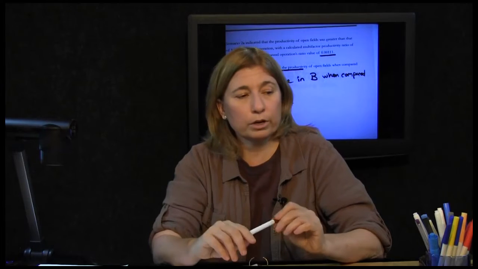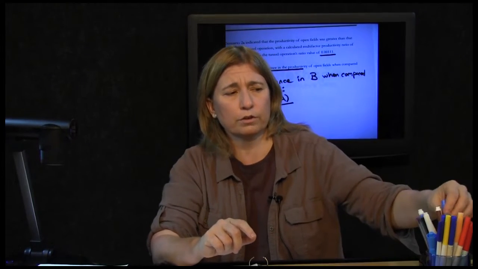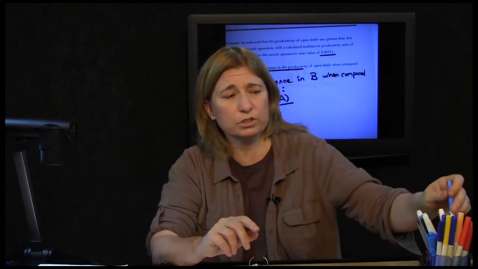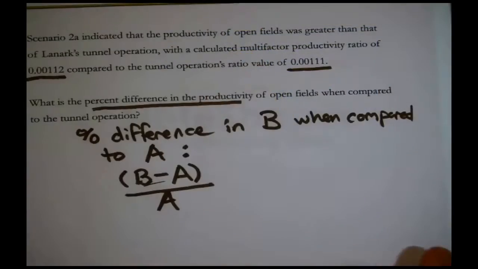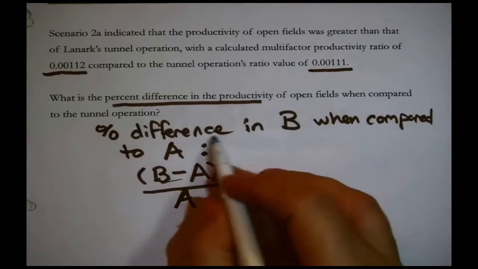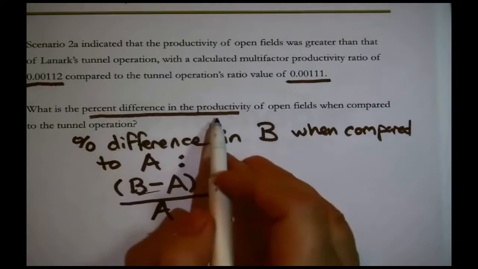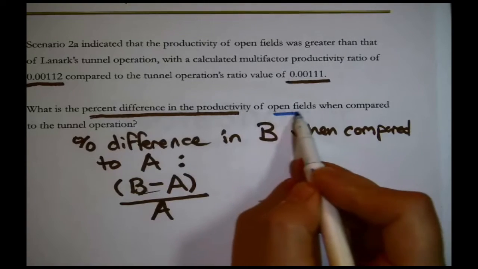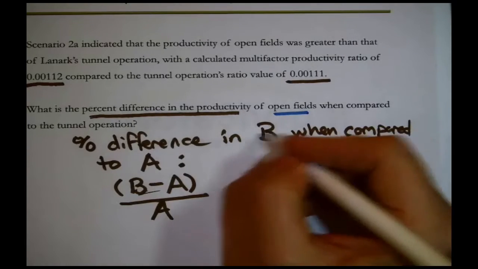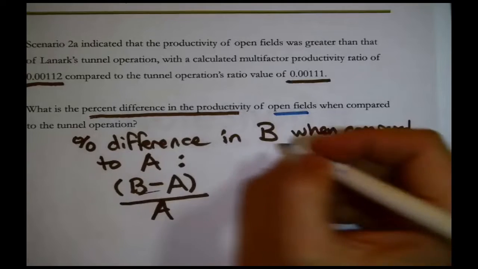Oh, all right, so it won't take us very long to actually work this in the case of Lenark Farms. We just have to clarify to ourselves which is the B and which is the A, and then fill in that expression. So let's see, percent difference in B when compared to A. What is the percent difference in the productivity of open air fields when compared to tunnel operations?